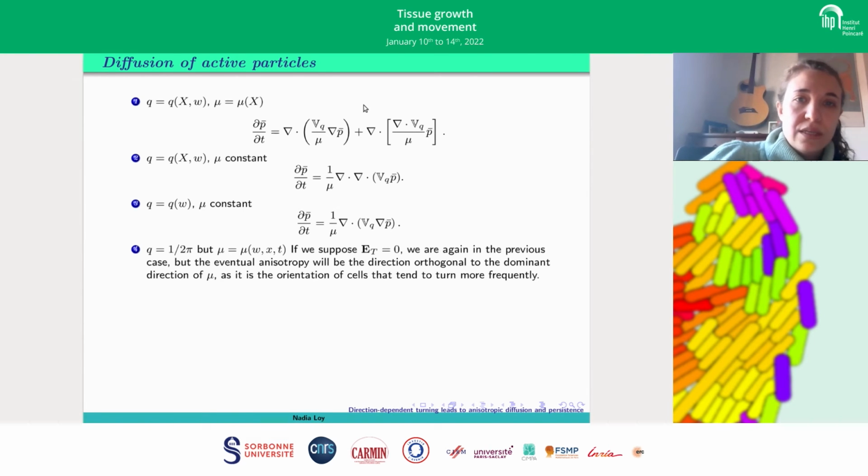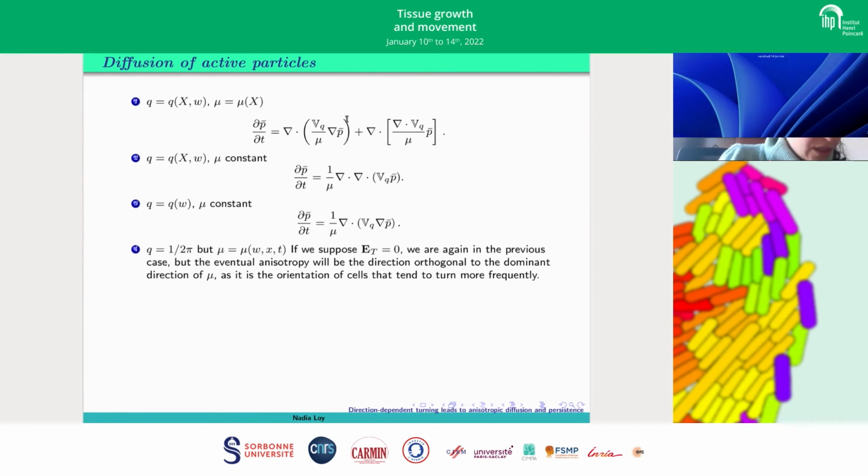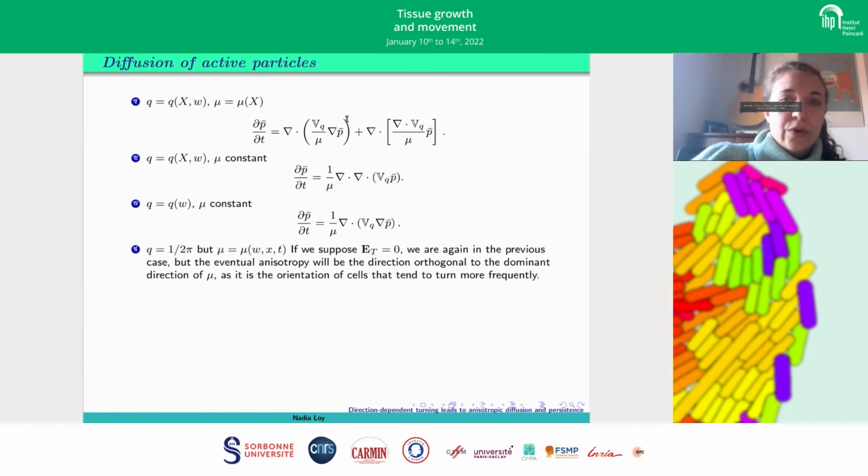While if we go to this more complex mixed structure, we recognize the equation that was derived for describing diffusion in a heterogeneous environment with a thermal effect. So we can actually compare our turning frequency to this temperature that describes adaptation to the environment. And we can, in a biological sense, compare it to the starvation mechanism, according to which biological particles or cells tend to escape from situations where they tend to starve.